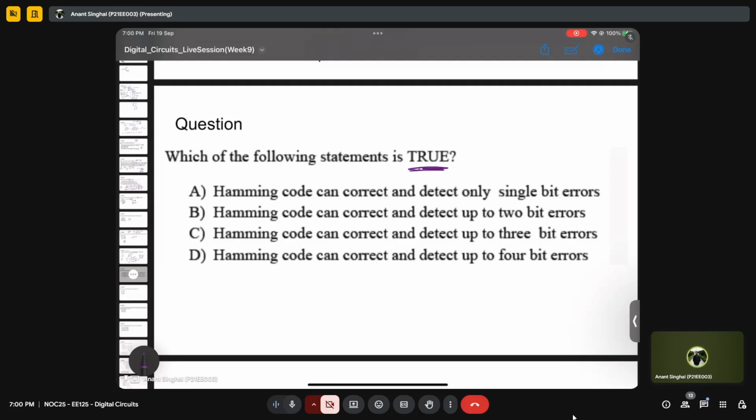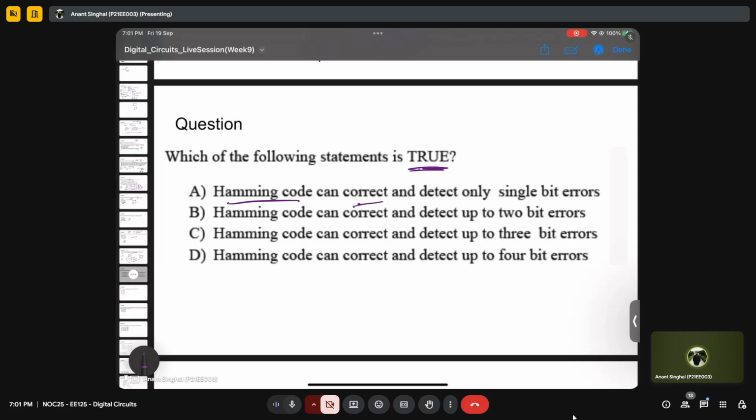Hamming code is a technique which can detect and correct errors in the movement of bits from one place to another. It has its own limitation. It can detect multiple bit errors, but it can only correct a single bit error.